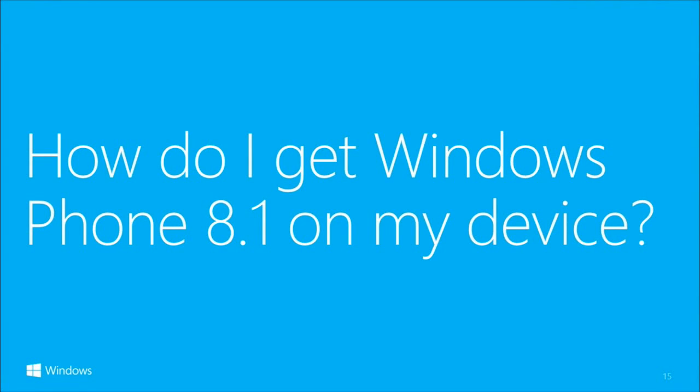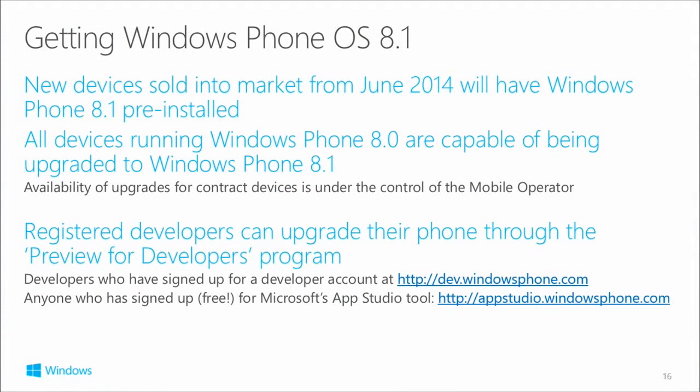All right. So, if you haven't got Windows Phone 8.1 on your device, how do you get it onto your phone? Well, first of all, any new devices that are sold into the market from the near future will obviously have Windows Phone 8.1 pre-installed. Now, if you've already got a phone running Windows Phone 8.0, there's no technical reason why that phone cannot run Windows Phone OS 8.1.